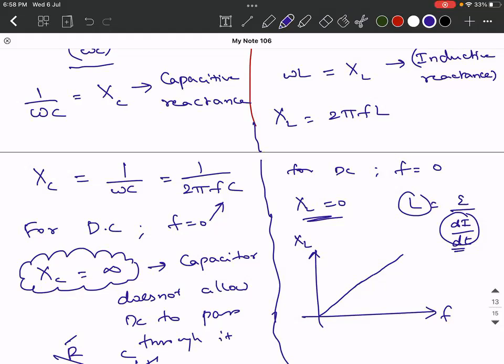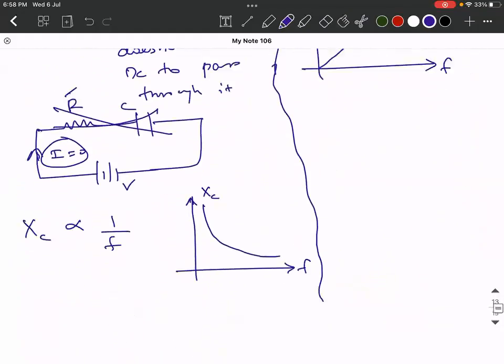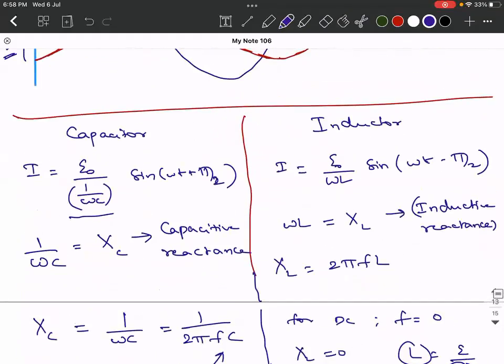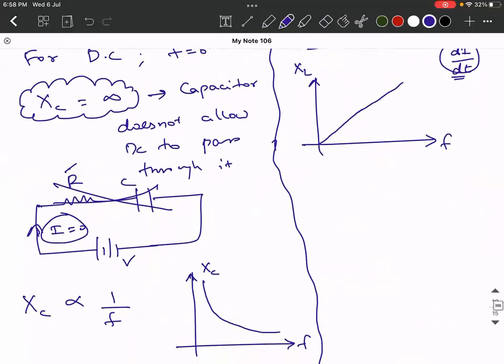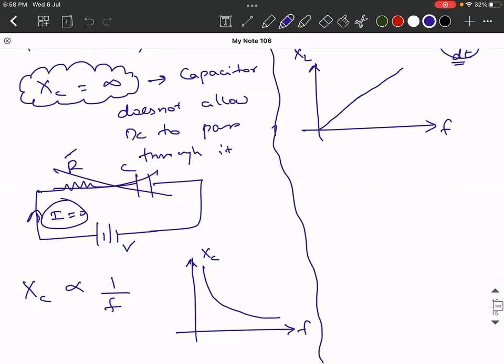Okay. So this is all about what happens when you connect an AC source across a purely resistive circuit, purely capacitive circuit, and purely inductive circuit. So those who are online, I hope you could understand.